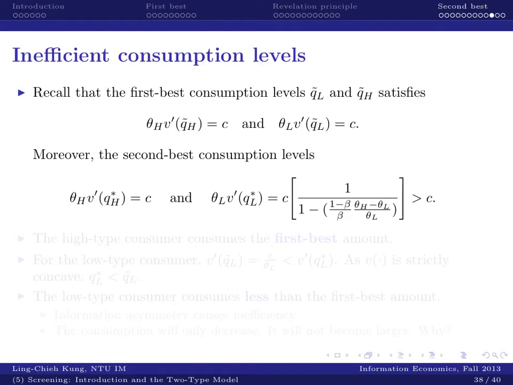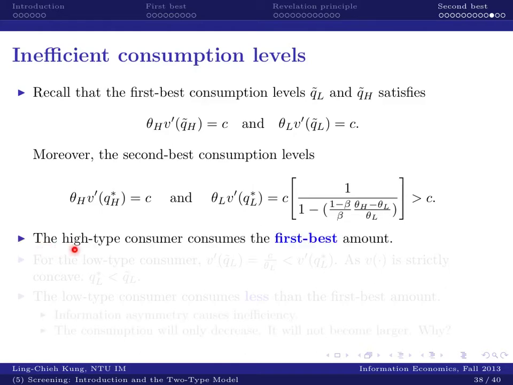Okay, for QH is basically the same, but for QL we know the right hand side is something like this, and you may verify that because theta H is greater than theta L, the whole thing here is positive, and that means this part, the denominator, is less than 1, and that means the right hand side here is greater than C. Okay, so what does that mean?